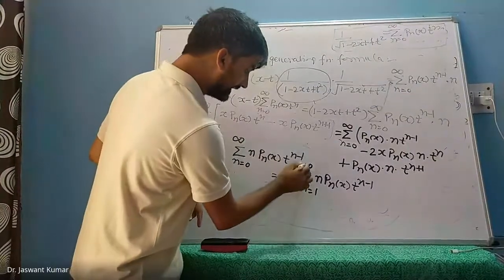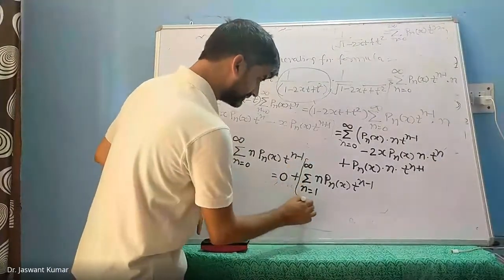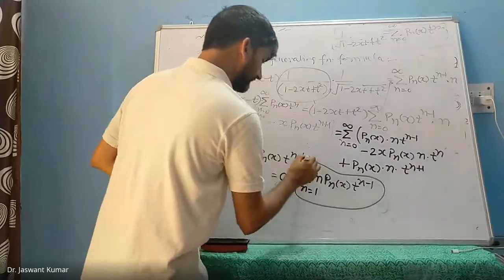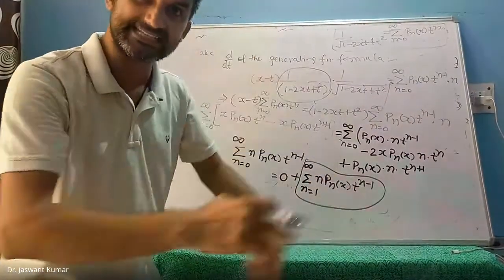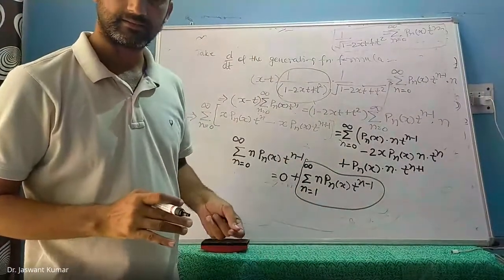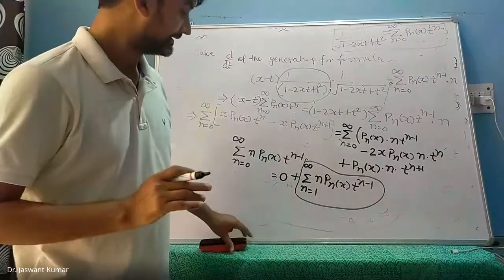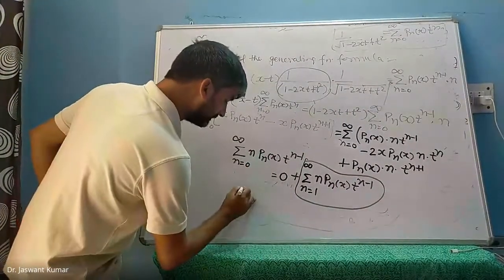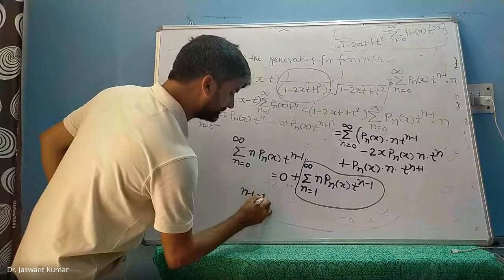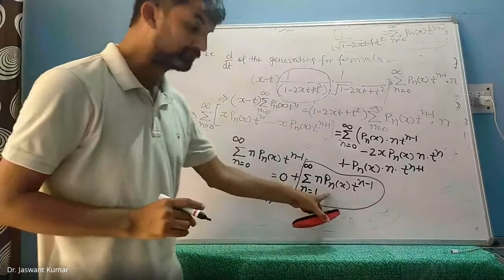Now what we do is that in this particular summation, we do a change of variable. We put n minus 1 equal to m in this summation only.